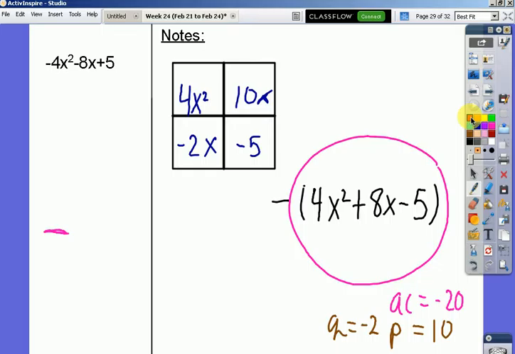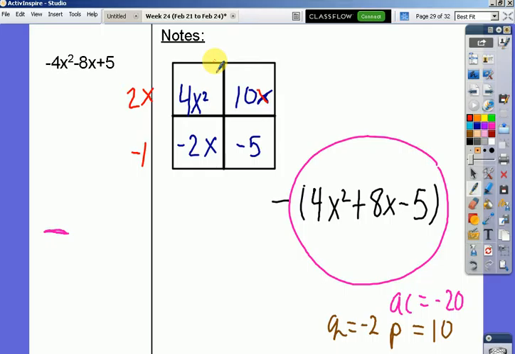And I want us to get used to row and then columns because in Algebra 2 when you're working with matrices, when you do matrix multiplication, it's always row by column. So if I start now, that's probably good. So let's start with the rows and then do the columns. So what can I factor out in this first row? 2x. What do I factor out in this second row? And negative 1.